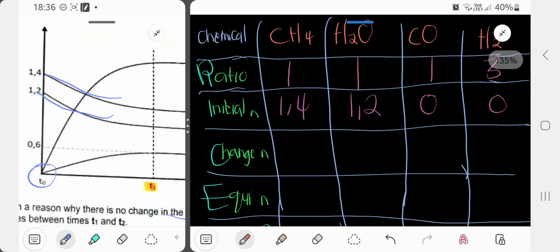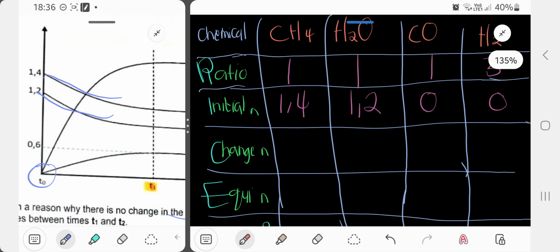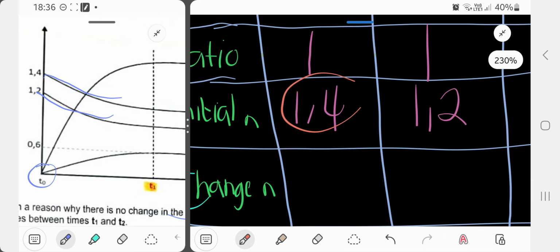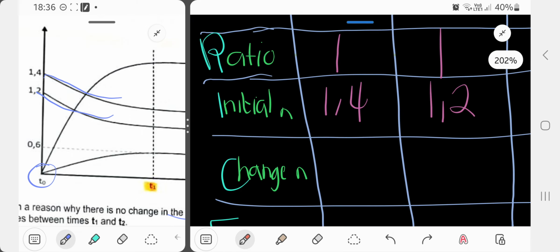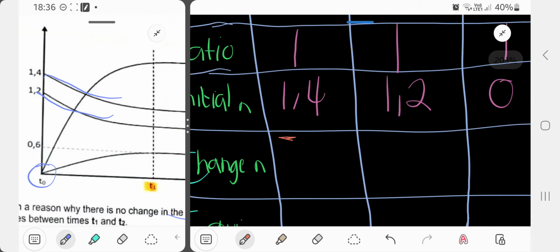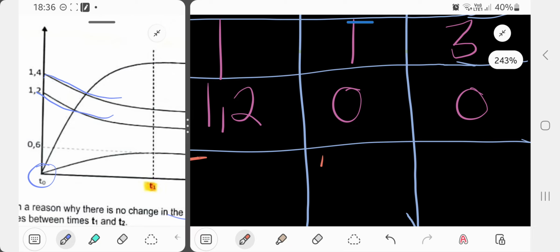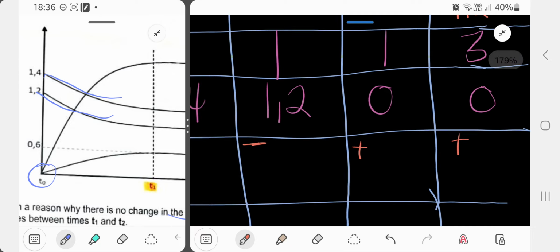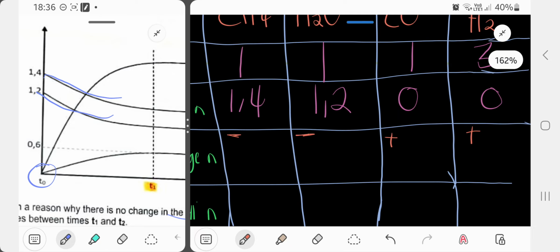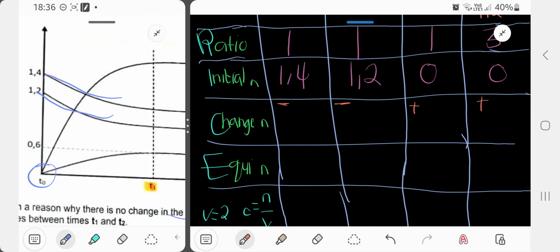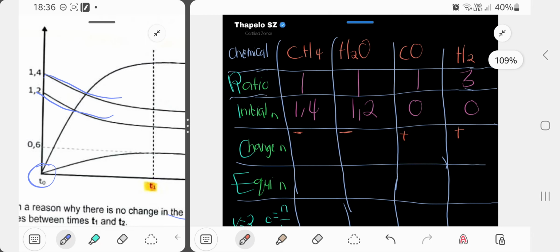We can all agree that the reactants are going to be used up and the products are going to form. So these number of moles are going to go down. When you come to the C row, let's put a minus here, because these are going to be reduced or used up. But the products are going to have a positive change. They're going to gain something. Now that we have that out of the way, let's understand something.